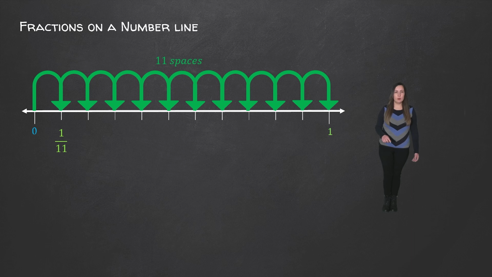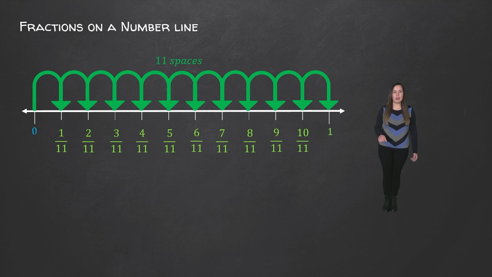So 1 out of 11, 2 out of 11, and so on up to 10 out of 11, and 11 out of 11, which is equivalent to one whole, so we don't need to have that there.